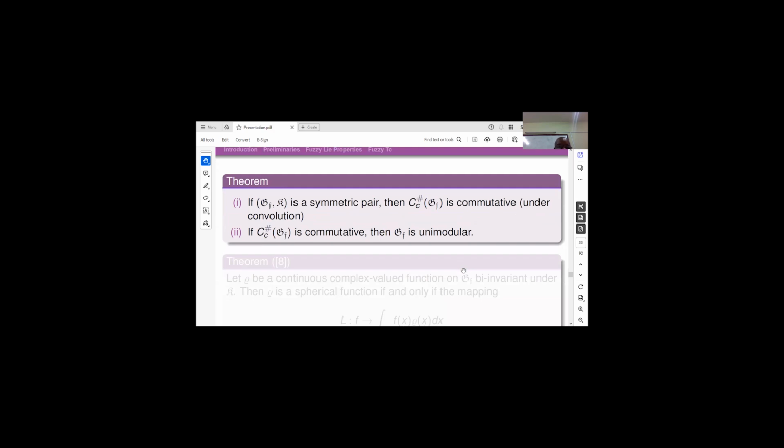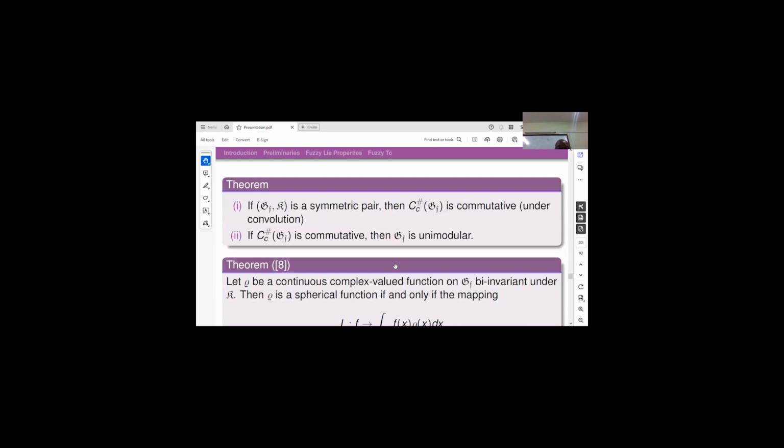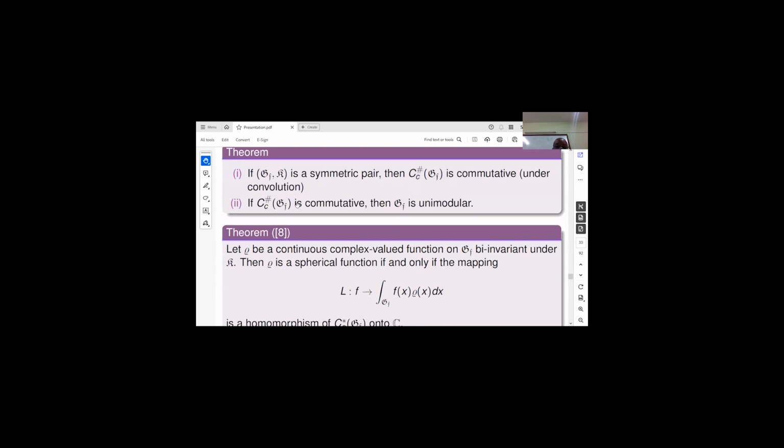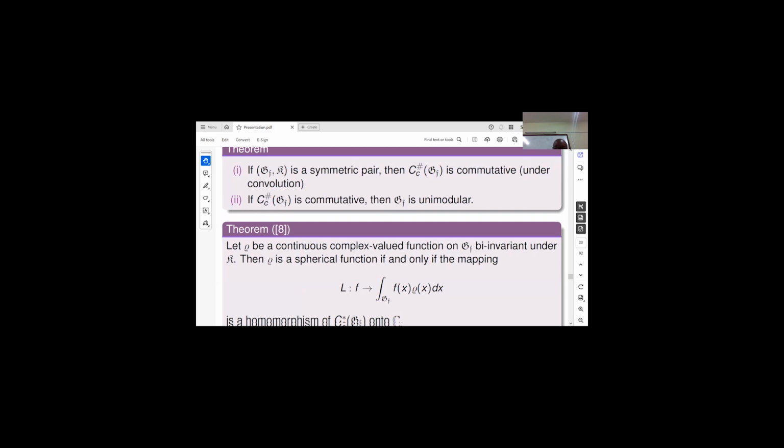This result is what we want to show in the fuzzy sense, using the fuzzy Lie group, which we have constructed. The theorem, which is a major result from Helgason, is that if this is a symmetric pair, and this is commutative in the sense of convolution, then this one is commutative, and G is unimodular.